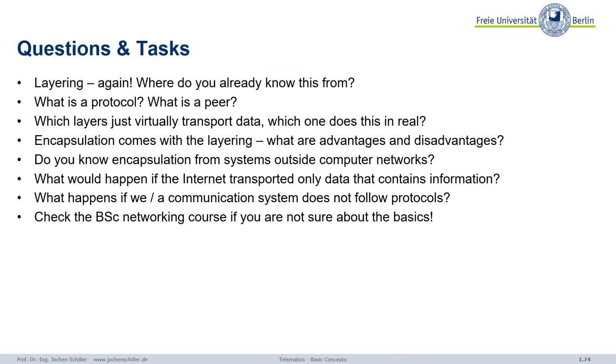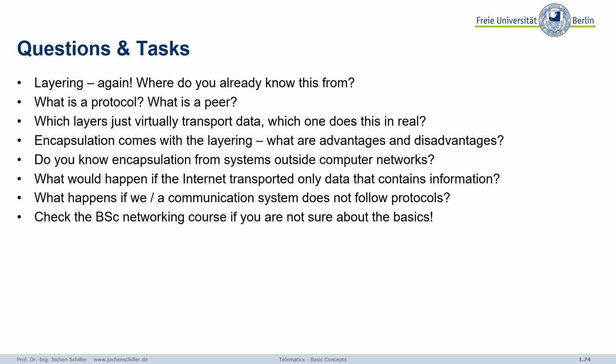So layering, the basic principle: you should know other examples where you know layering, where we do this. Also, we have learned a lot about protocols. What is it? Again, remember, and what is a peer in this context? If you have a protocol, who is the protocol talking to?